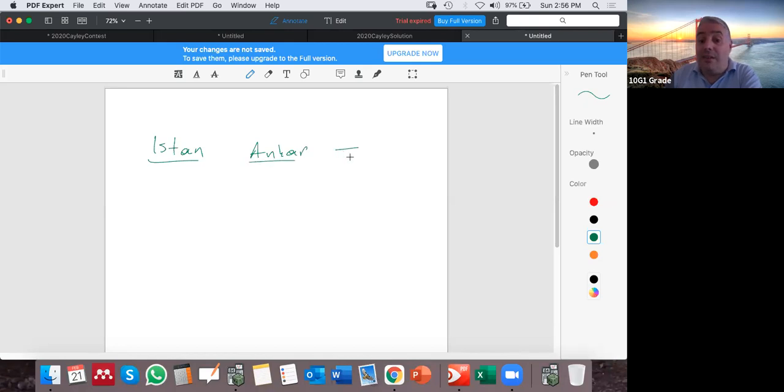This is, let's say, Trabzon. You want to go from Istanbul to Trabzon via Ankara. You have to pass through Ankara. And you know that there are 3 different roads from Istanbul to Ankara. You can use one of them. And from Ankara to Trabzon, there are only 2 roads. So how many different alternatives do you have to go from Istanbul to Trabzon? The answer is 3 times 2, which is 6.